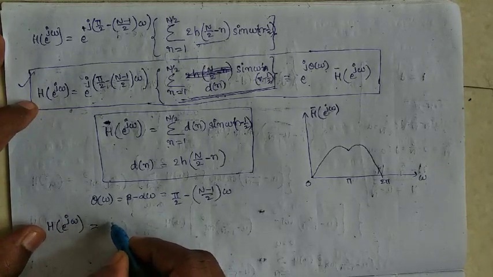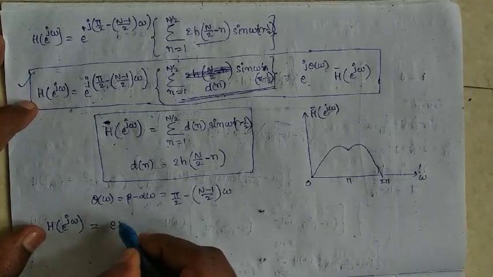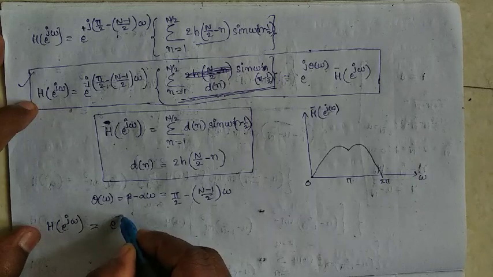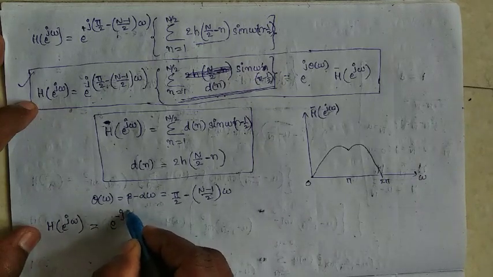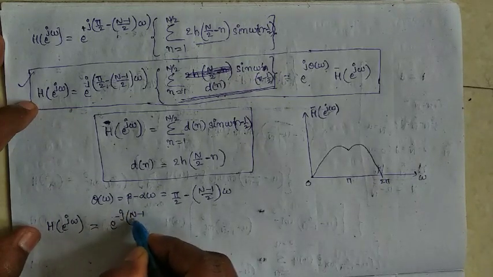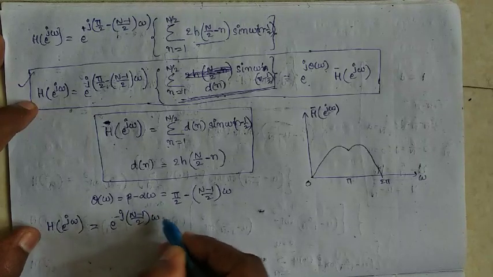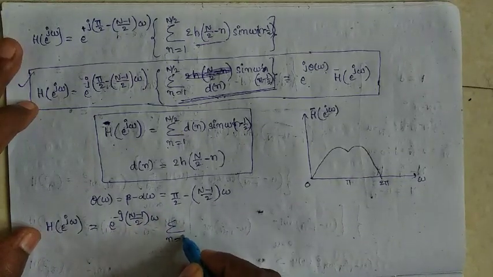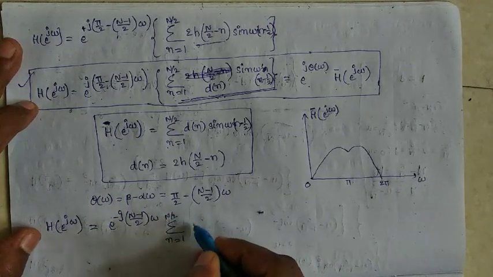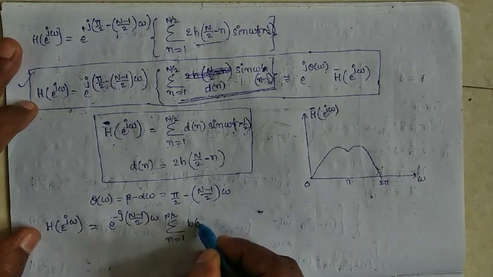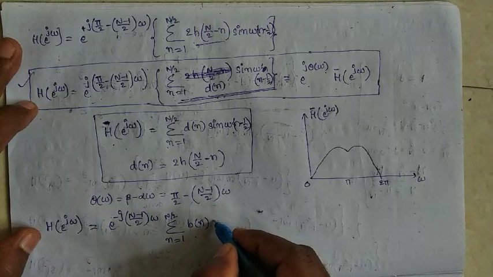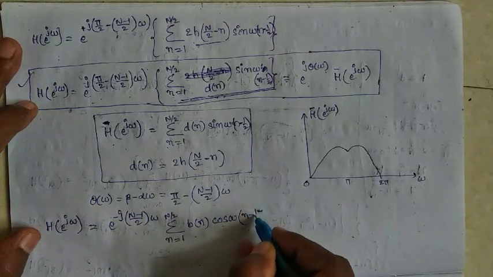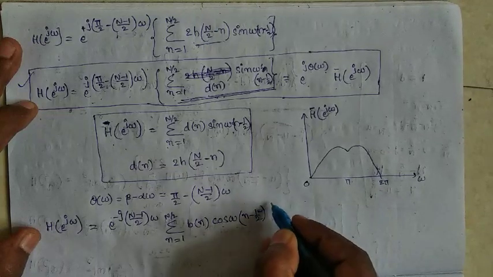For that case the frequency response is what? e^(minus j (N minus 1)/2 ω) into summation n is equal to 1 to N/2 b(n) cos ω(n minus 1/2).